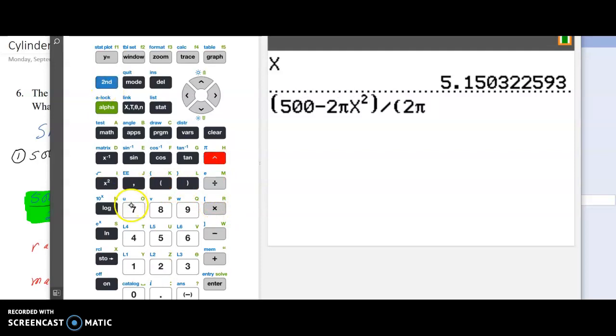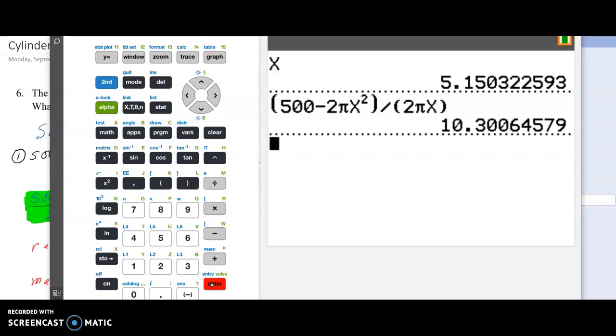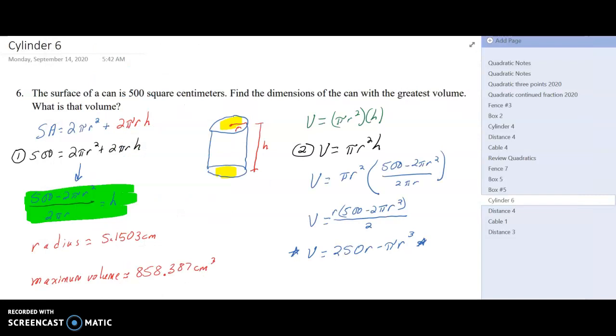Hopefully I don't have a typo. And I hit enter. So 10.3006. Then the height is approximately 10.301 centimeters. I hope this helps you understand cylinder number 6.